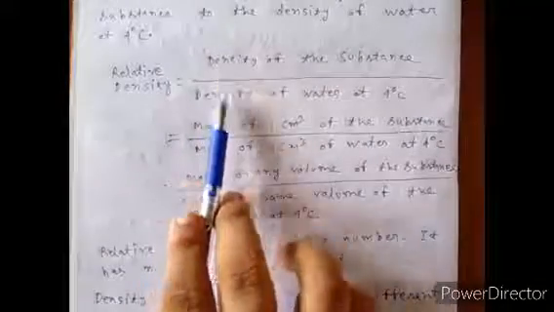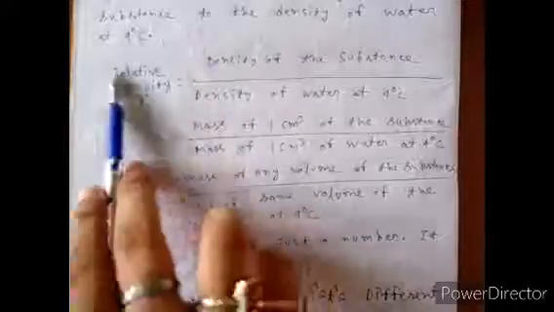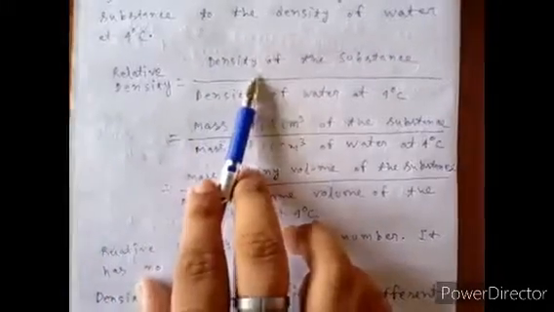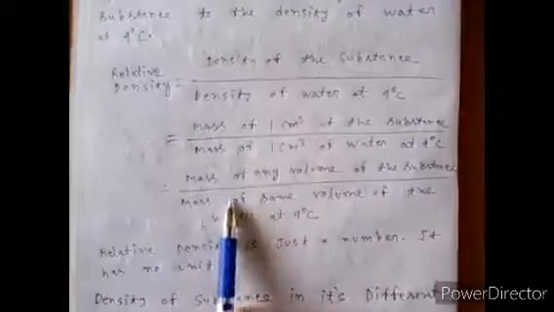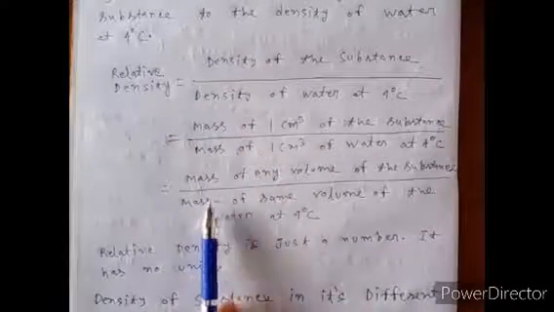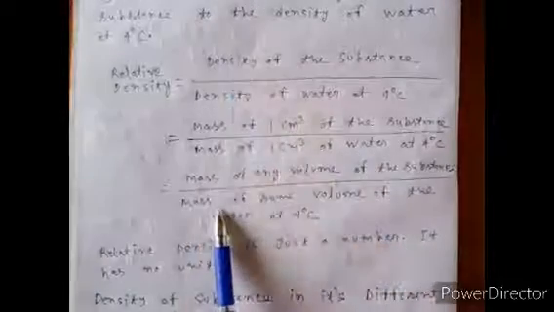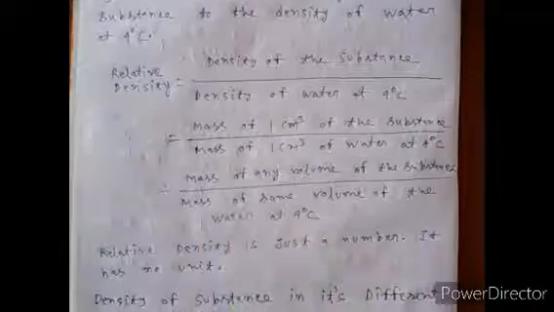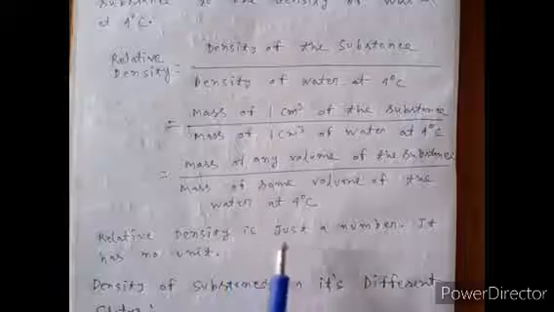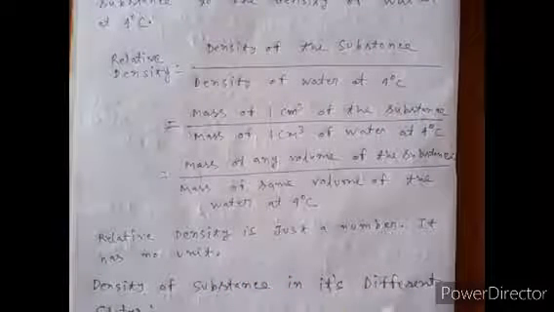So those are 3 different forms of relative density. Those are the same. If we calculate by any of those formulas, we get the same answer. Now relative density is basically the ratio of two densities, so it is just a number, it has no unit.